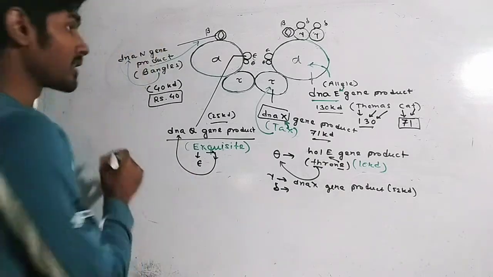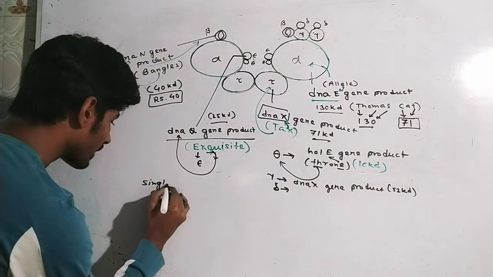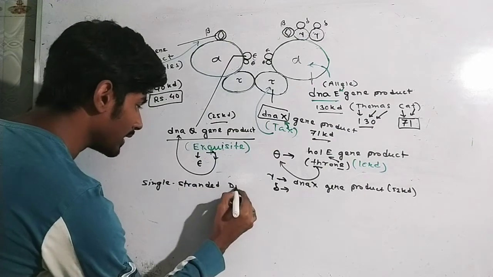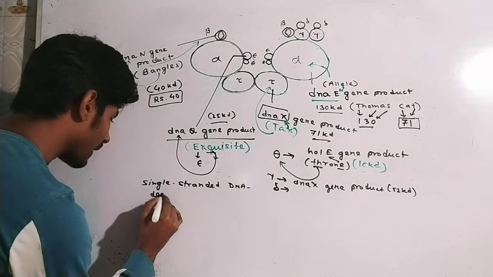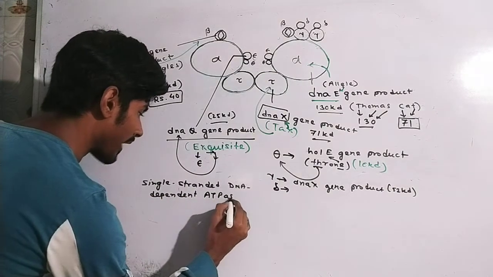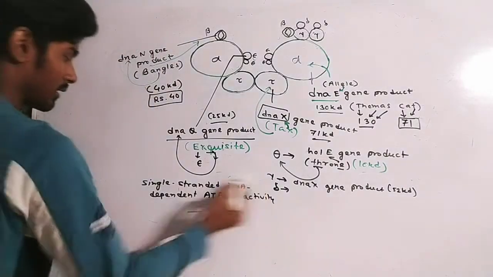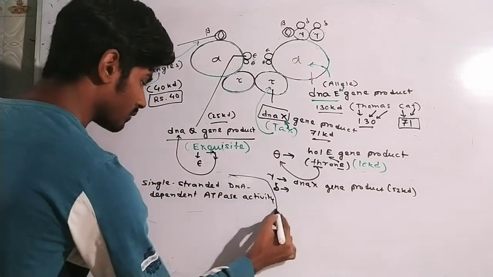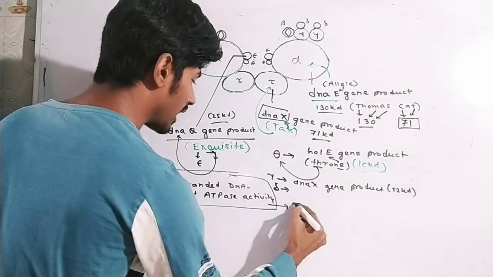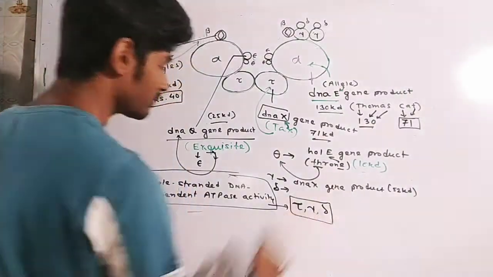So single stranded DNA dependent ATPase activity, performed by the tau, the gamma and the delta.